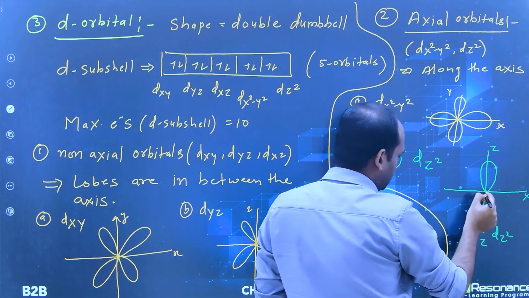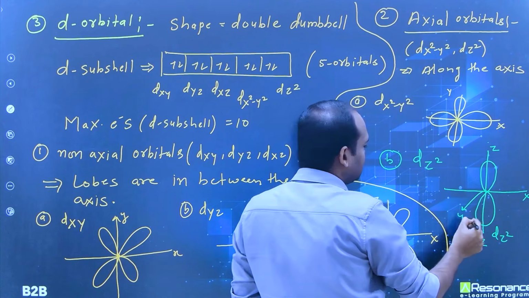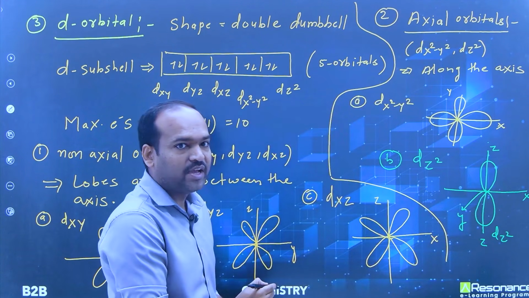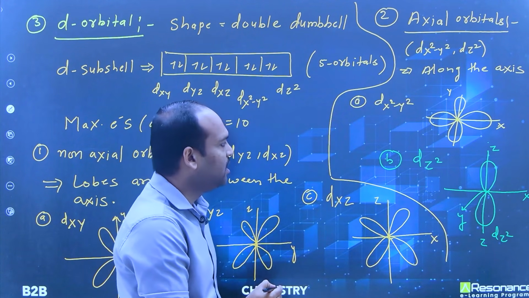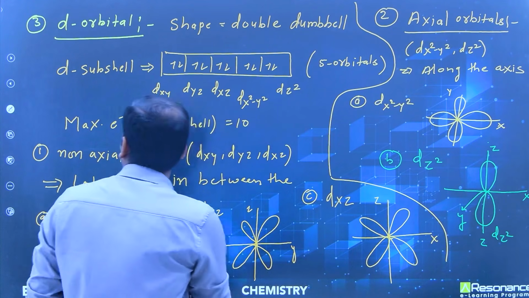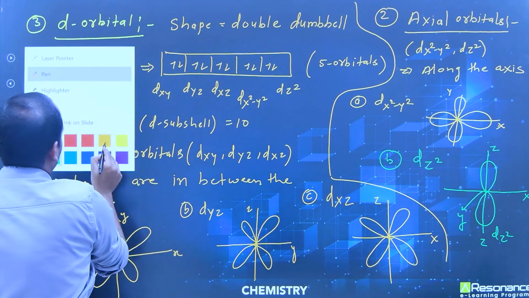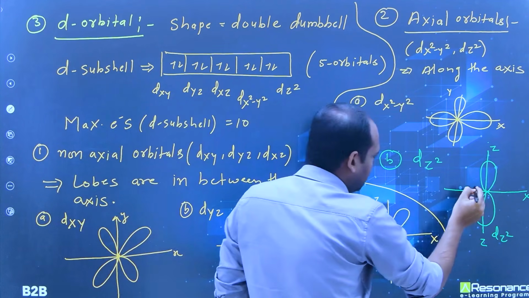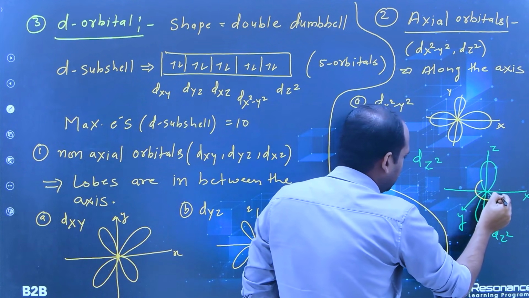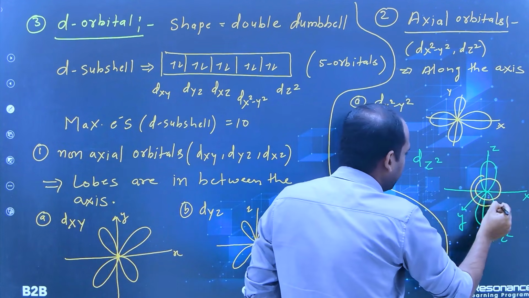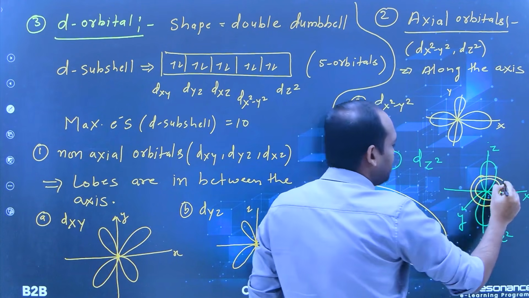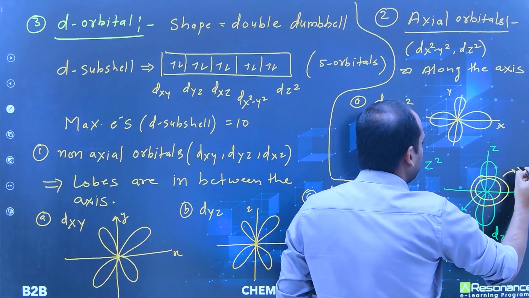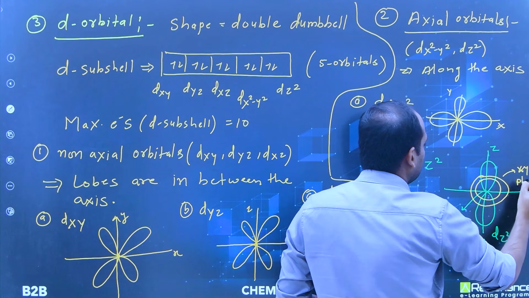This is the x axis, and perpendicular to it the y axis. Now there is a ring present, a donut-shaped ring present in the xy plane.